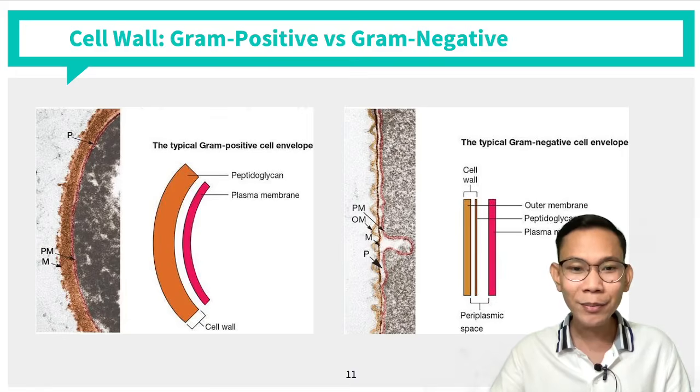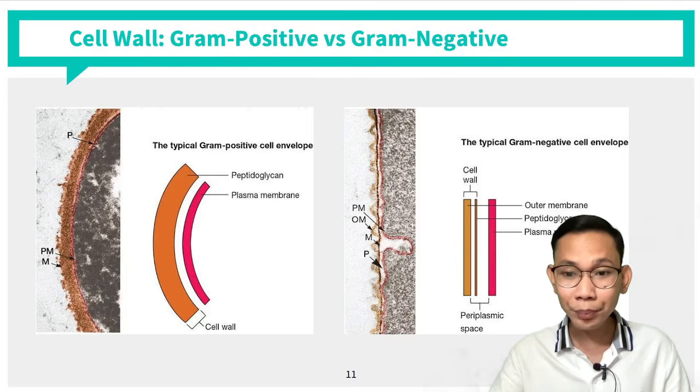Diba? Nakikita natin? The cell wall of your gram-positive cell is actually thicker compared to the peptidoglycan or cell wall of your gram-negative. And also, we can see that there is an outer membrane ng ating gram-negative cell na cell wall.